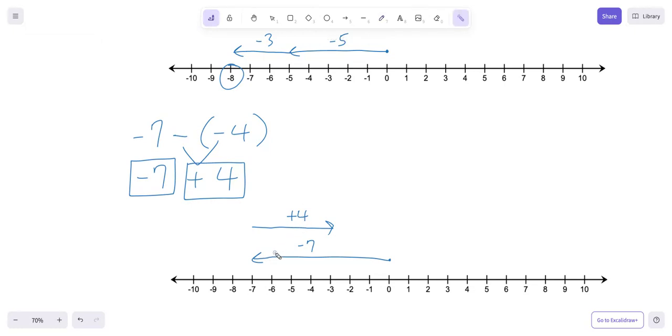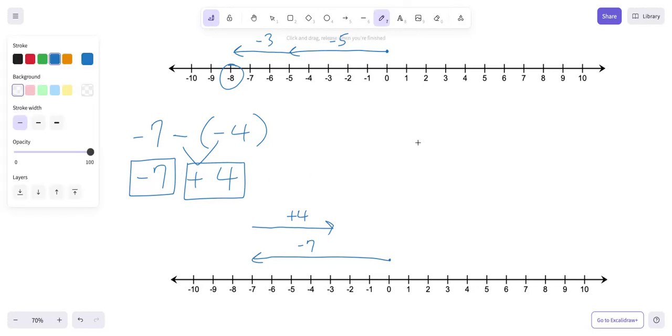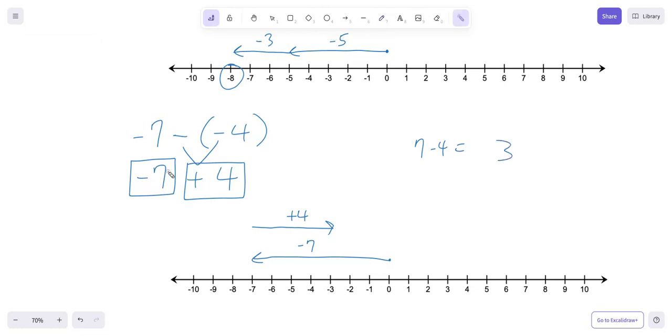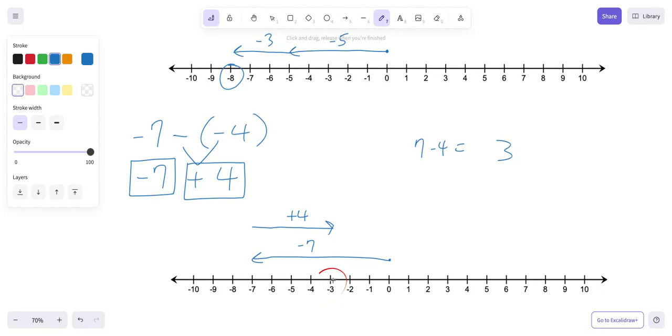Visually, we can see that the arrows are going in opposite directions, so I need to subtract. If you look at just the numbers, I know I need to subtract because one's negative and one's positive. The signs are opposite, we subtract. So 7 minus 4 is equal to 3, except it is a lot more negative than positive, so we end up not at 3, but at negative 3.